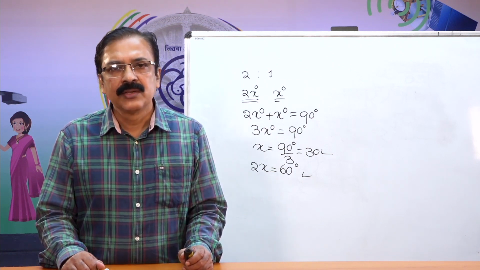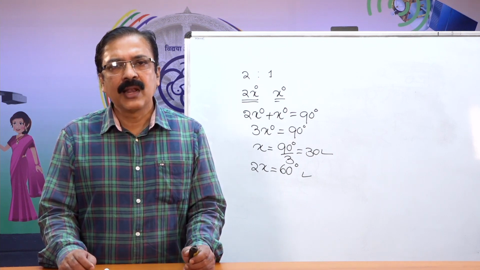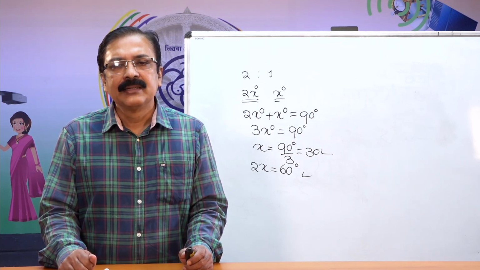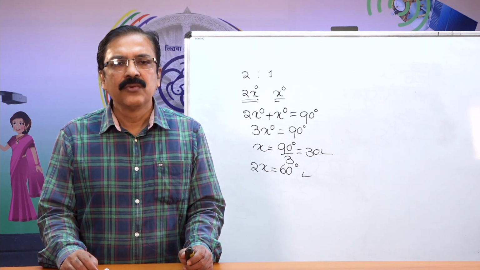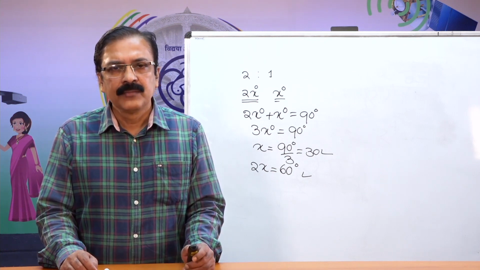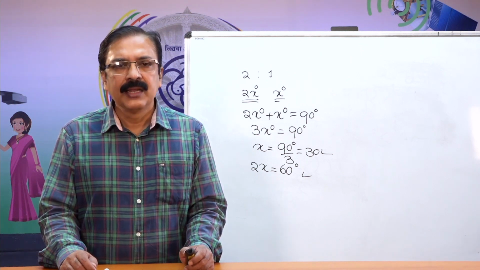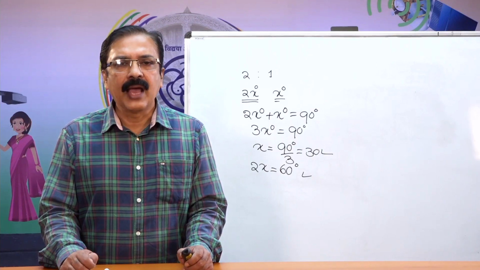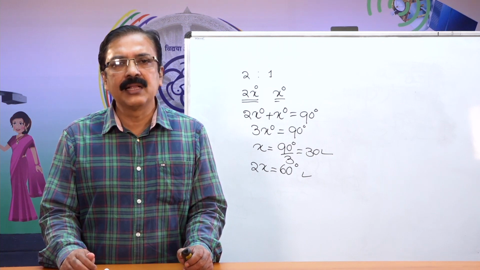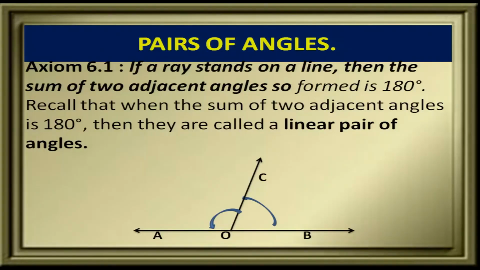By experience, by drawing, we can show that the sum of angle AOC and BOC will be 180 degrees. Recall that when the sum of two adjacent angles is 180 degrees, they are called a linear pair of angles, as we discussed earlier.